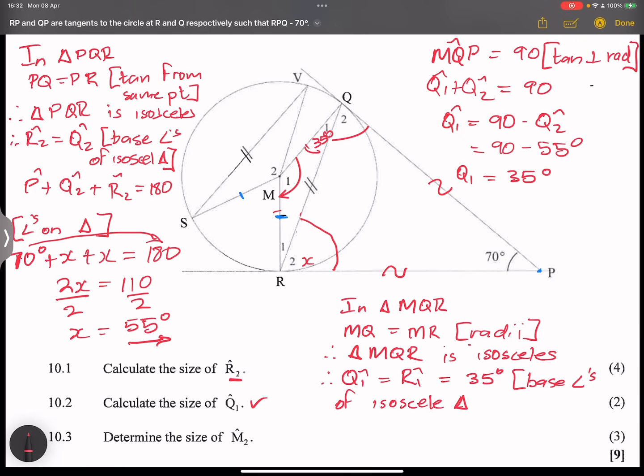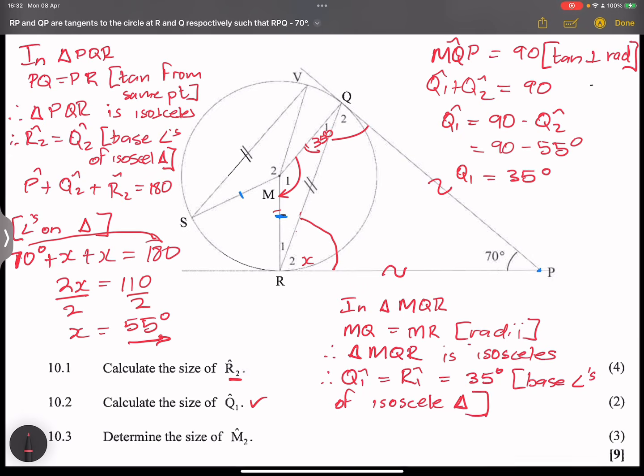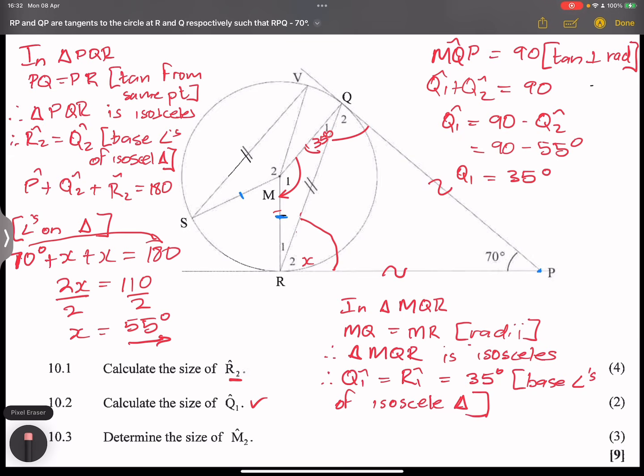Now, how am I going to get the value of M1? So that means M1 plus Q1 plus R1 is equal to 180. These are angles in a triangle.